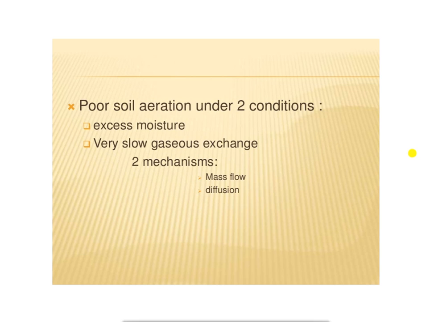The soil is mostly occupied by soil water, so the percentage of soil air is very less, so it is called poorly aerated soil. It has very slow gaseous exchange.